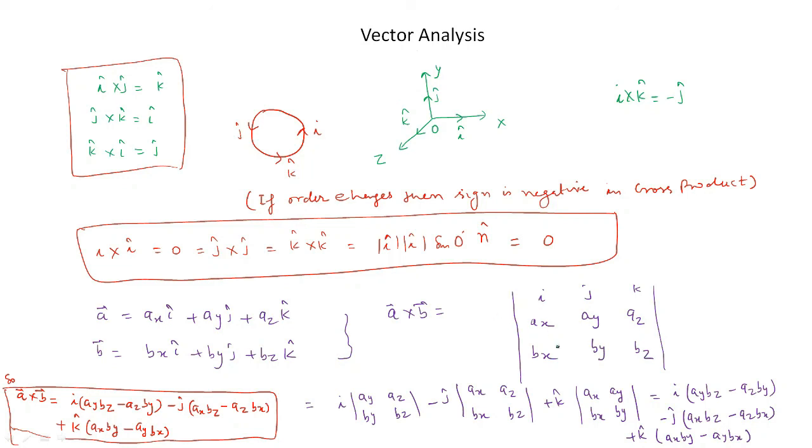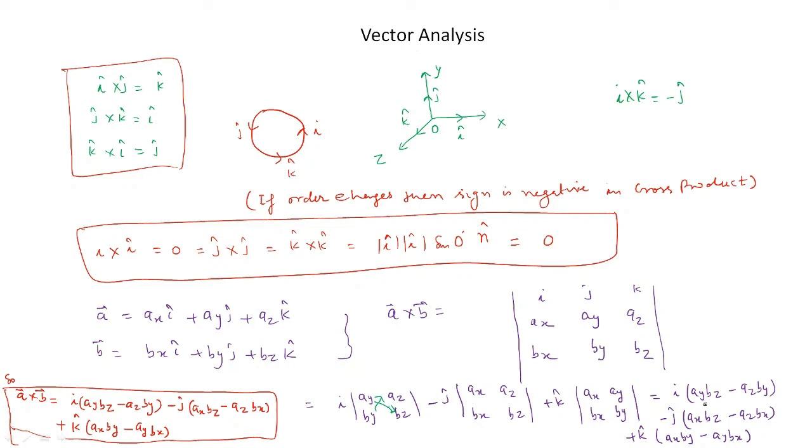Now we can open this determinant as i (Ay Bz minus Az By) minus j (Ax Az; Bx Bz) plus k (Ax Ay; Bx By). Now if we open this determinant, which is 2 by 2, it will give you Ay Bz minus Az By, because this multiplication will give you a positive term and this multiplication will give you a negative term.